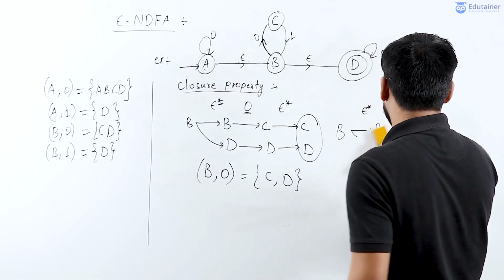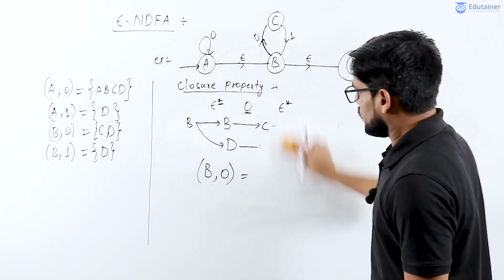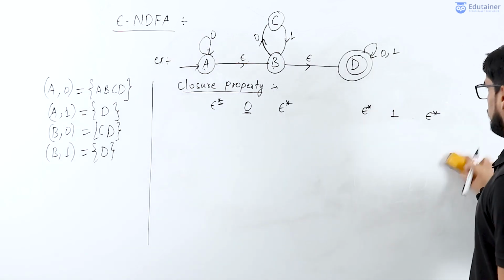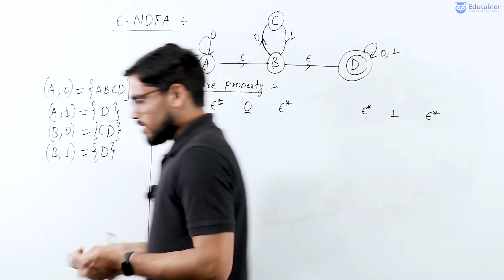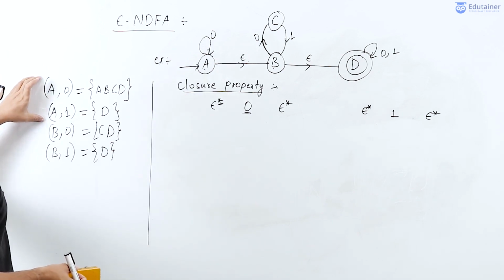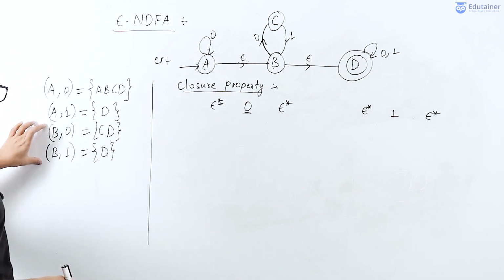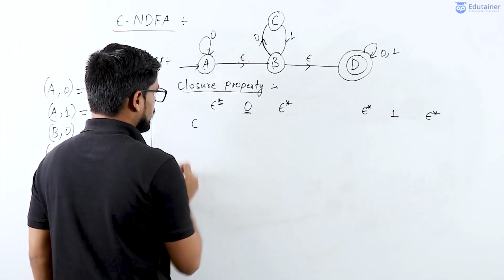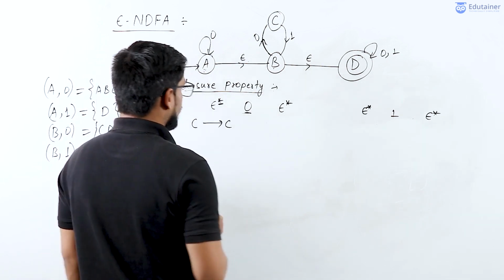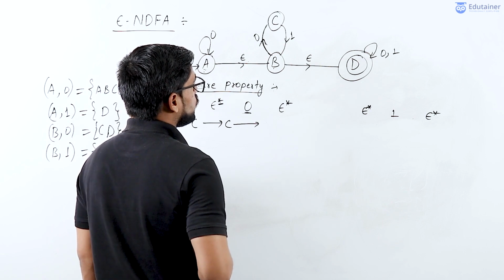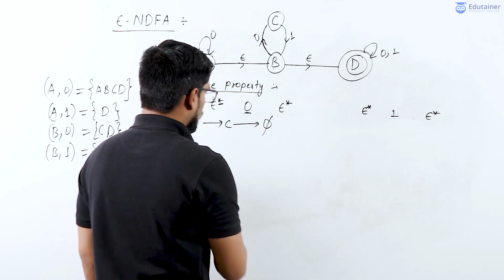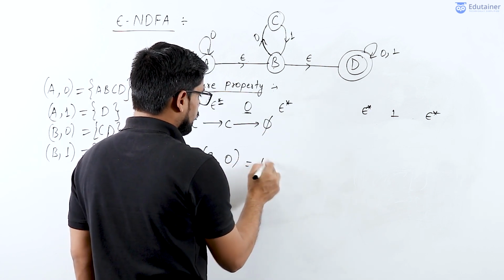Now the next state is C. For every state you have to follow this procedure to get the transition diagram of the NDFA. I have considered state A as well as state B. Now the next state is C. C on epsilon will go to C and nothing else. C on 0 goes nowhere because no move is defined, so C on 0 is phi.